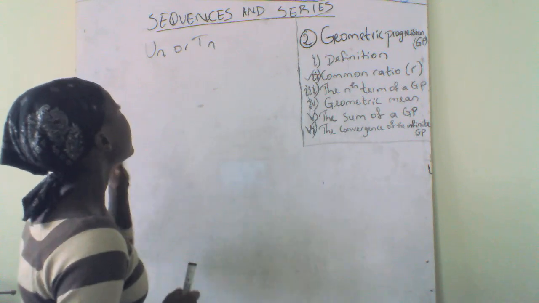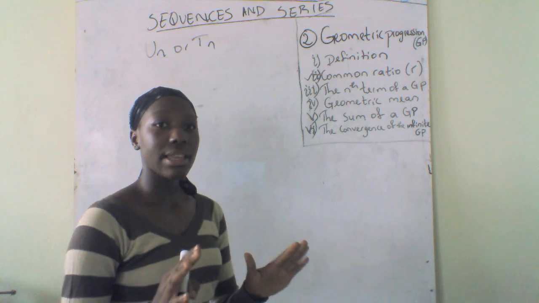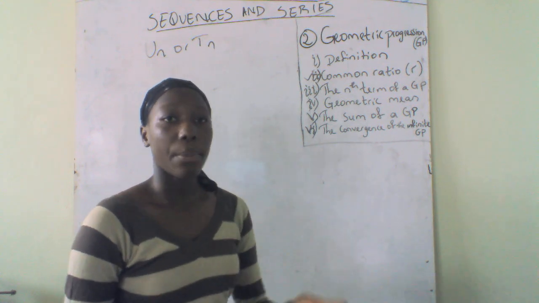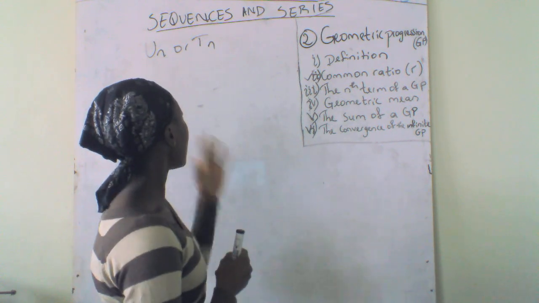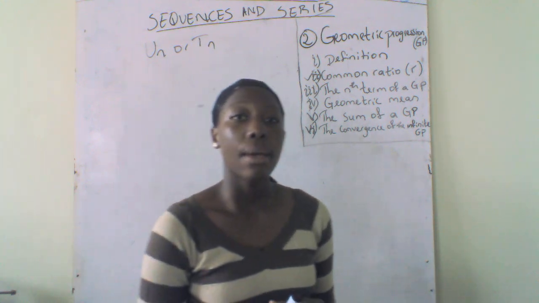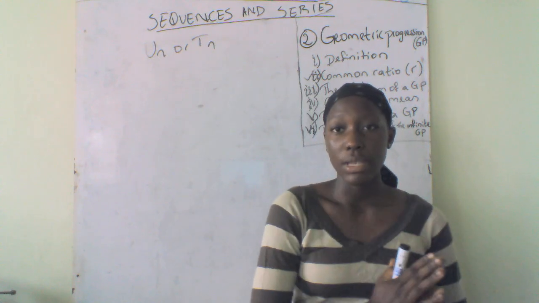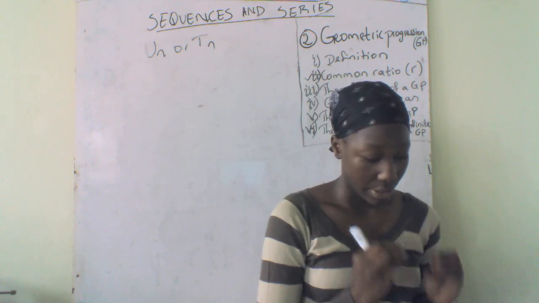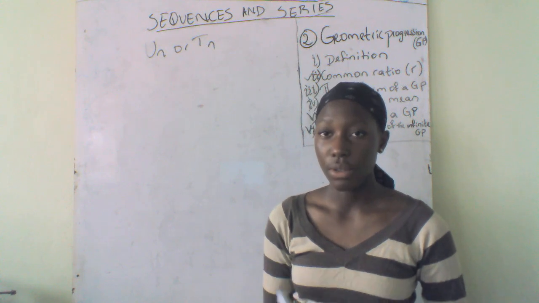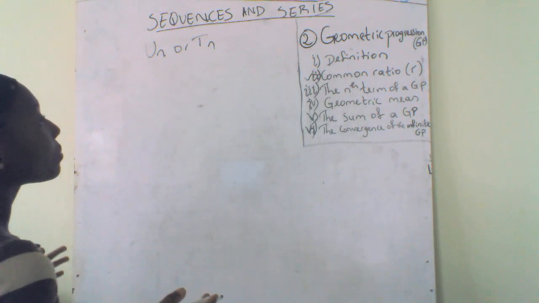So from this expression, we can get any other term of a geometric progression. To get this end term, we have to establish a one-to-one correspondence between the geometric progression and the set of natural numbers. So how do we do this?